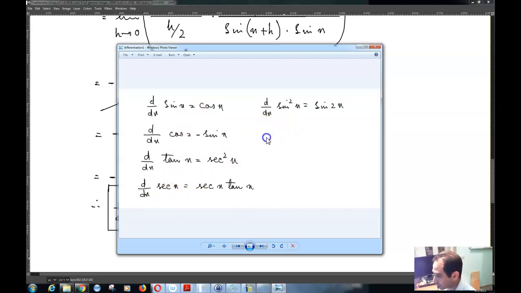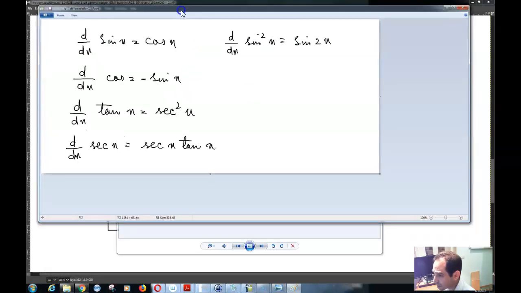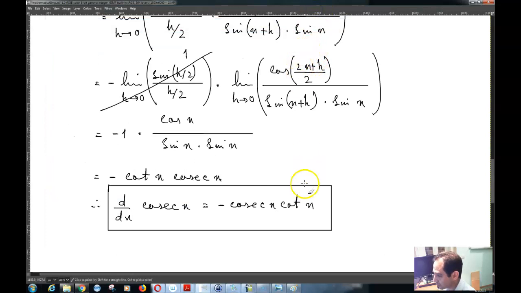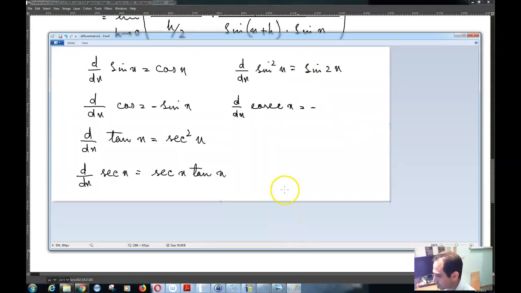Let me see if I can write over here. I can't write over here. Delete. Burn, open, and paint. And then I can write d by dx of cosecant x is equal to negative cosecant x cot x.